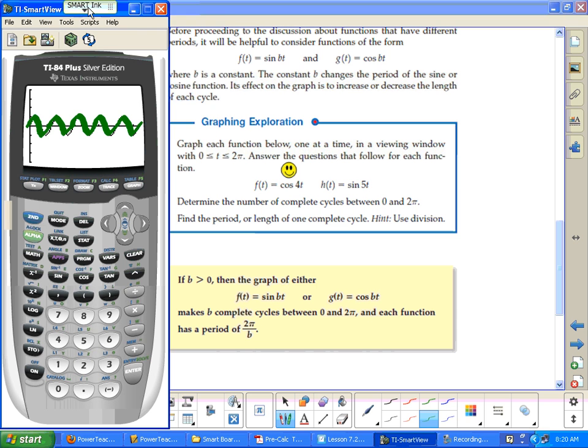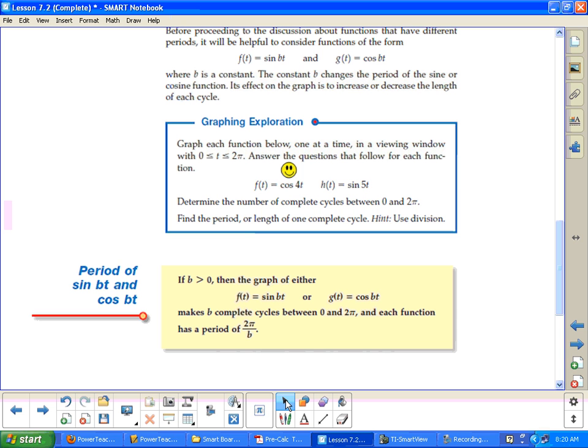Another way you can look at it is to look at how many max points there are, or how many min points there are. That will help you to see that too. That tells you how many cycles there are.